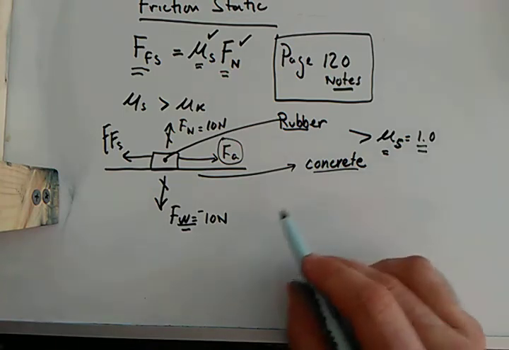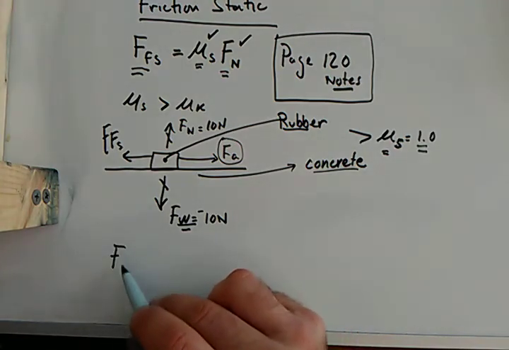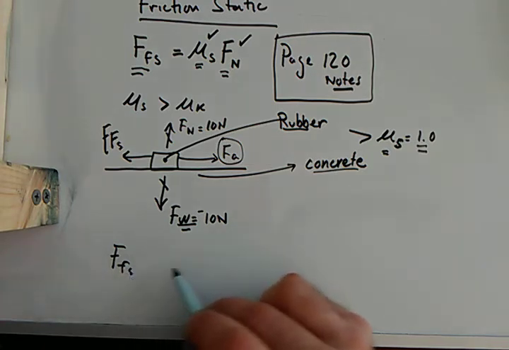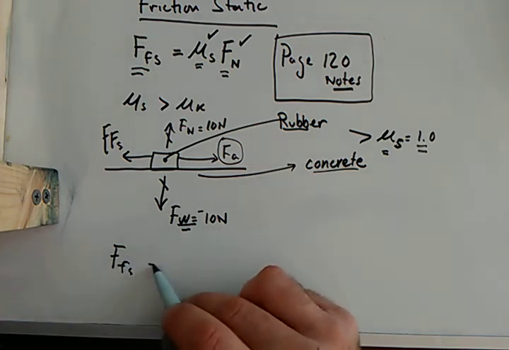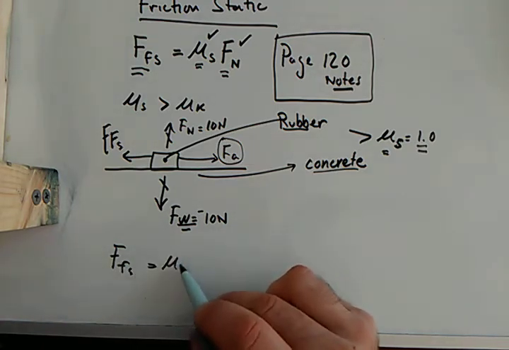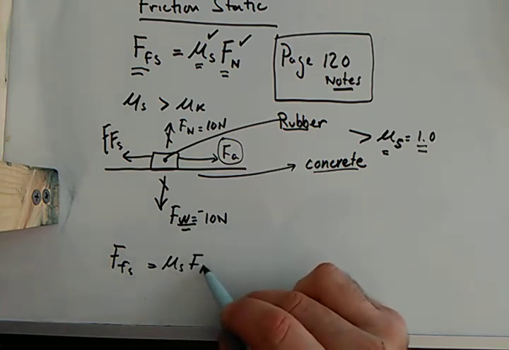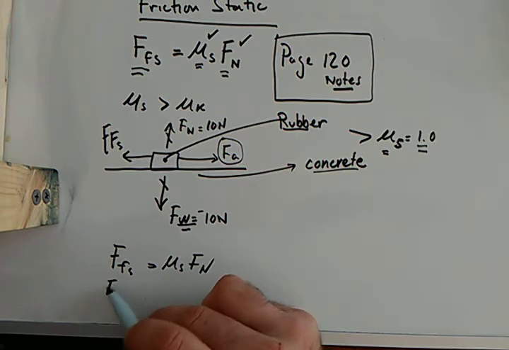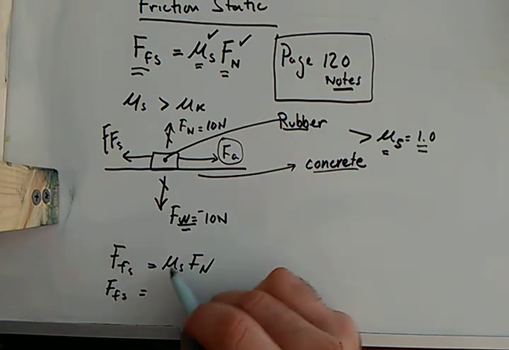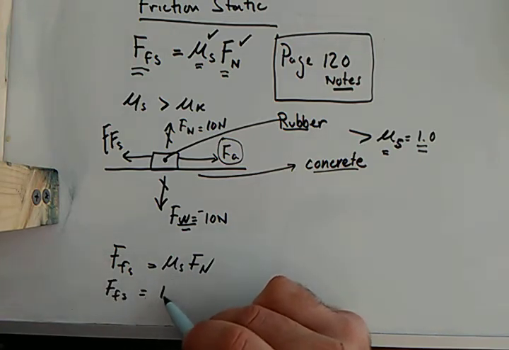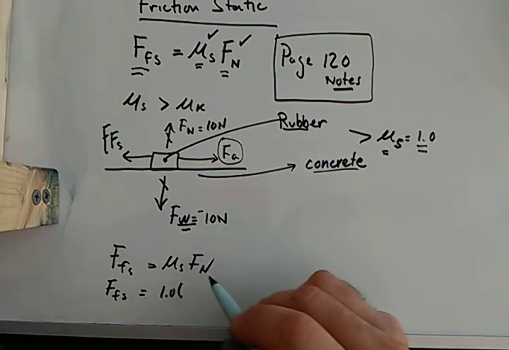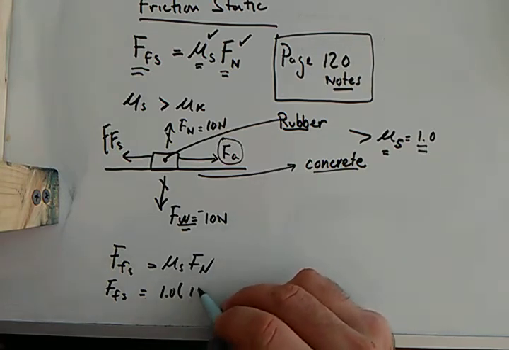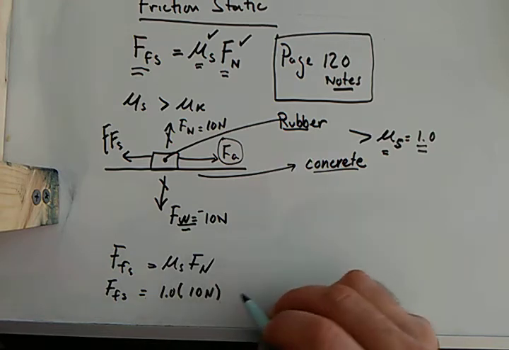So the static friction is going to be easily found as the force of friction static is equal to mu s times the normal force. We said that this was 1 and the normal force was 10 newtons.